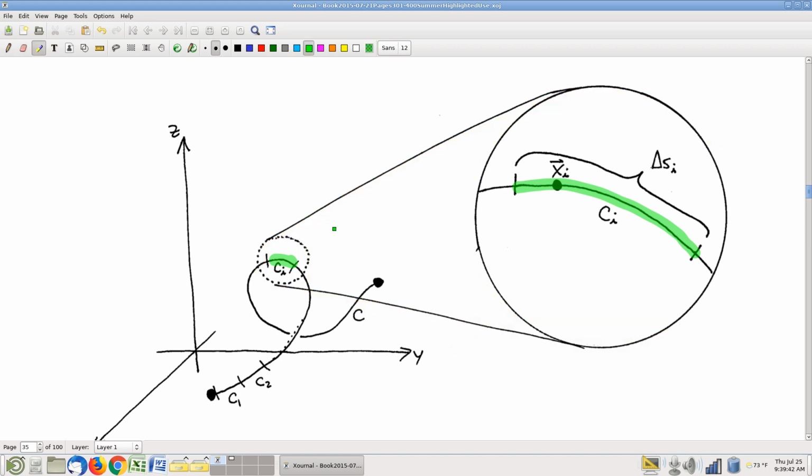And on that little piece, I need to know how long it is. The length of that little piece, and I need to multiply by the mass per unit length to get the mass on that piece. Well, hang on. What is the mass per unit length? Mass per unit length may depend on where you are on the rod. It may depend on location.